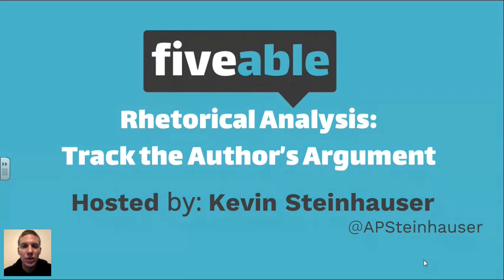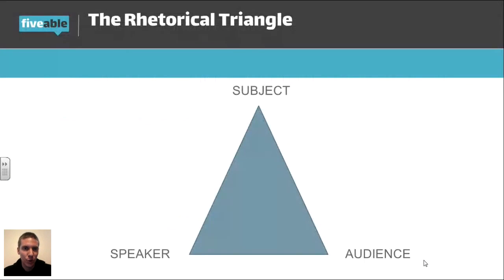This is an exact same slide, just thrown back up on our slide tonight. Always start thinking about a rhetorical analysis prompt with this image in your head: the relationship between speaker, subject, and audience. I'm not going to spend a lot of time on this slide tonight. Just as a review, we need to be thinking about how these three components are intertwined and interconnected.